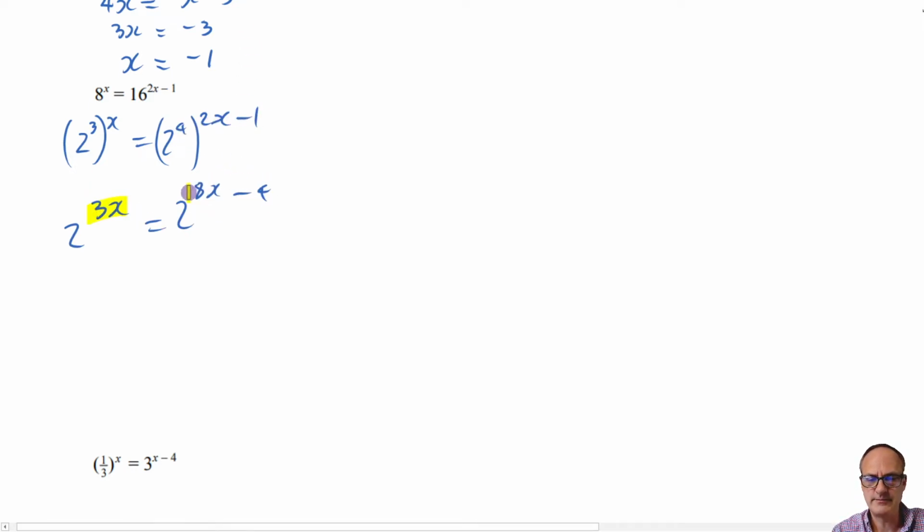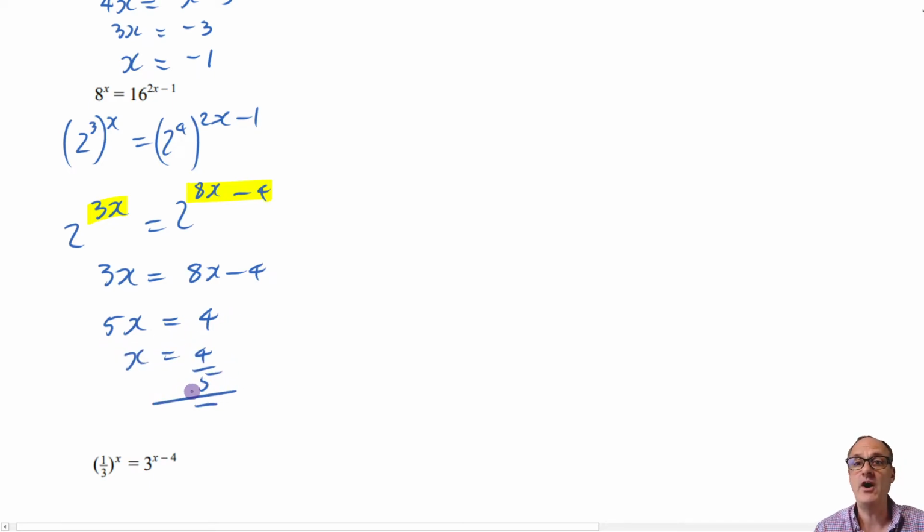So 2 to the something equals 2 to the something, so those somethings must be equal. So 3x must equal 8x minus 4. Let's take 3x from both sides and put the 4 on the other side. So effectively we have 5x equals 4. If you take 3x from 8x, that's 5x. It doesn't really matter which side we put them on as long as they're still equal. And x will equal 4 over 5.